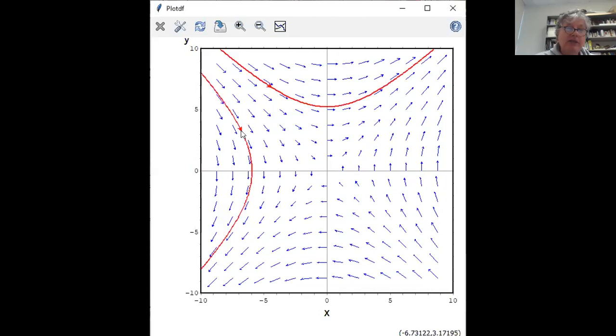And so if I just give you a few examples here, we see why y equals minus x is a separatrix, because anything to the left of that, all the solutions sort of go towards the lower left corner, and anything to the right of the separatrix, all the solutions go to the upper right corner. Okay, because they want to go towards that line y equals x as t goes to infinity.